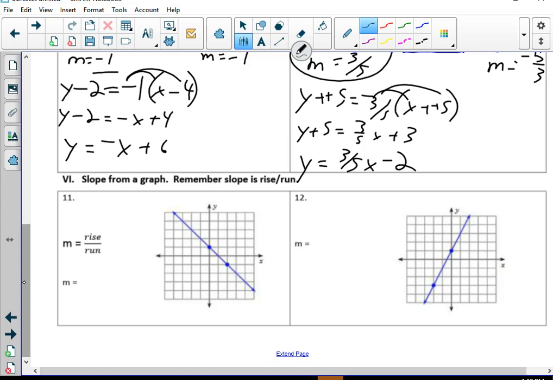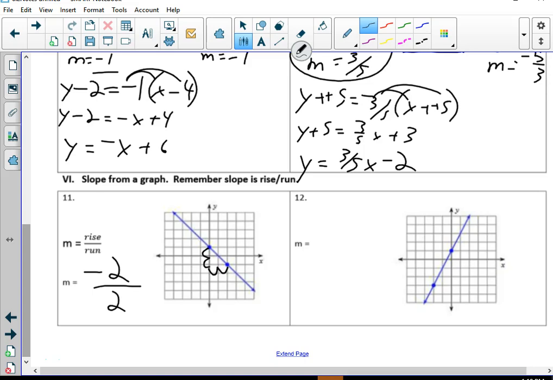Now, slope from the graph. All we're doing is counting. So pick a point and count. So here, do it just like I'm doing it. Down 1, down 2, right? That's the top number. And then over 1, 2.